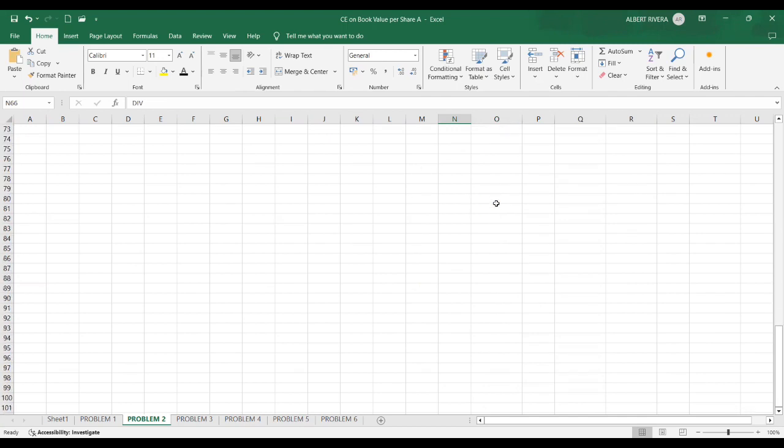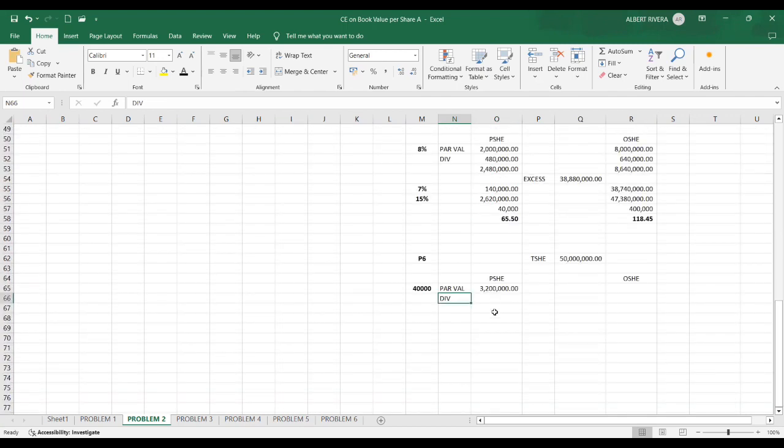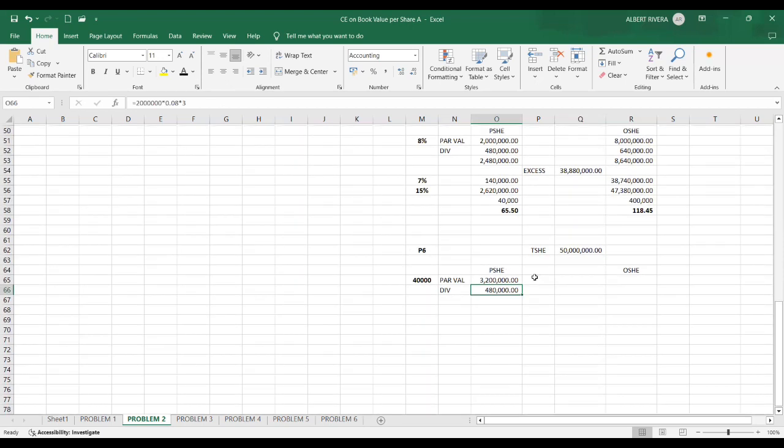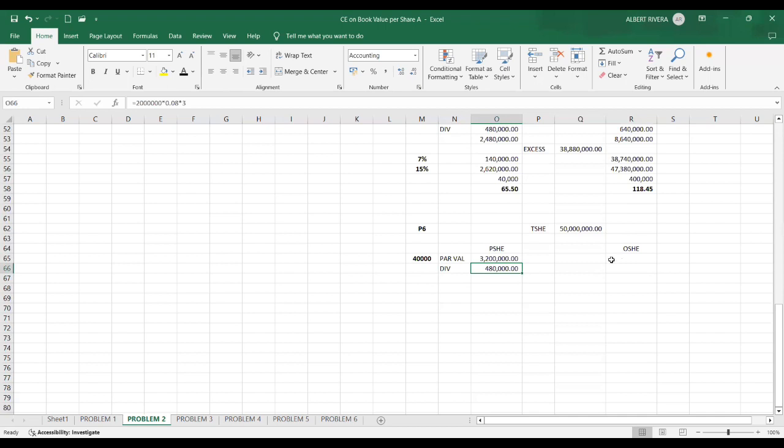Okay? Yan. And then, the ordinary stockholders' equity remains at 8 million. And the dividend would be 8 million times 8%. And this is now your excess.